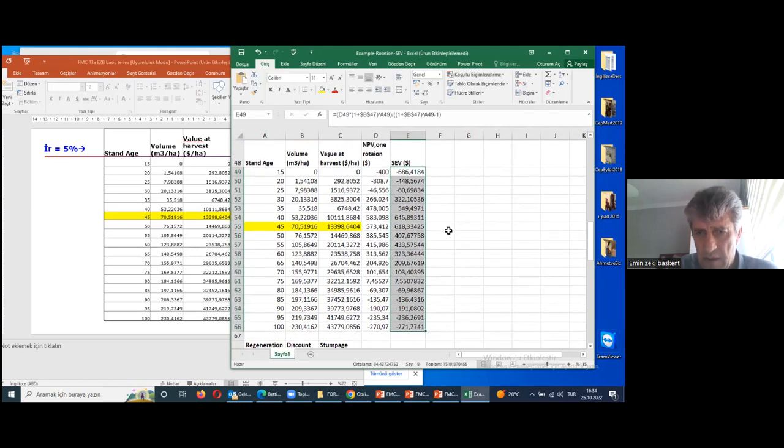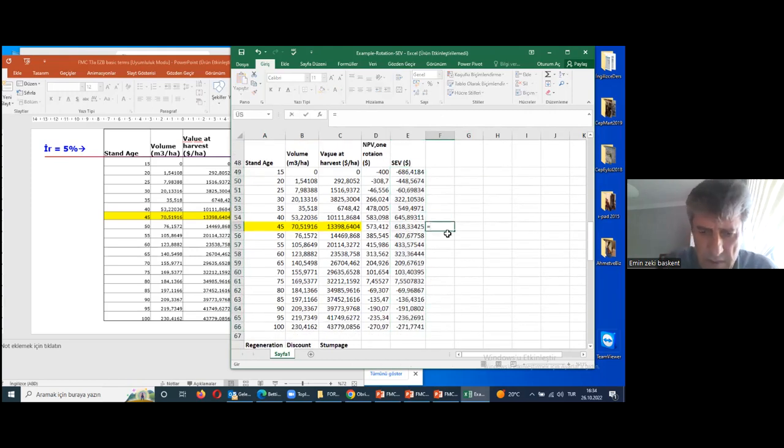We take a look at the maximum soil expectation value, which becomes 645, which is this, and occurs at 40 years.